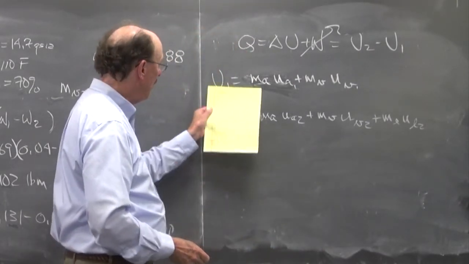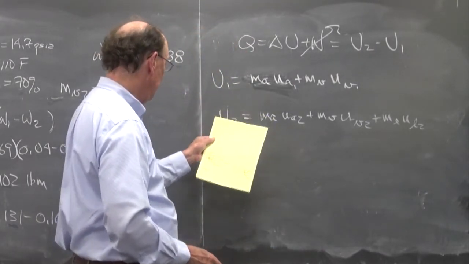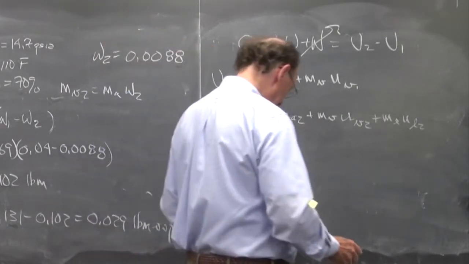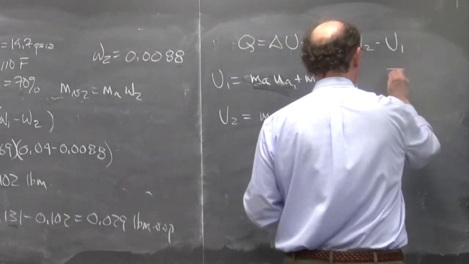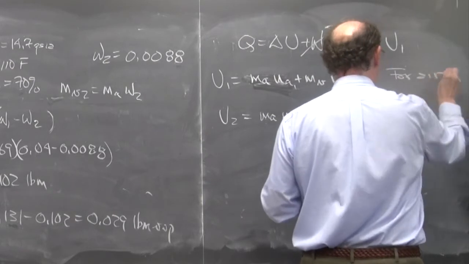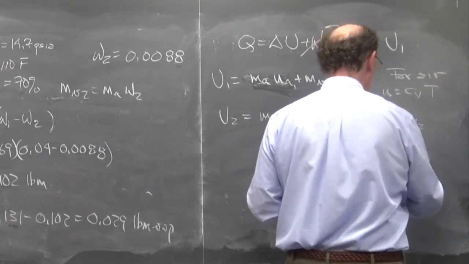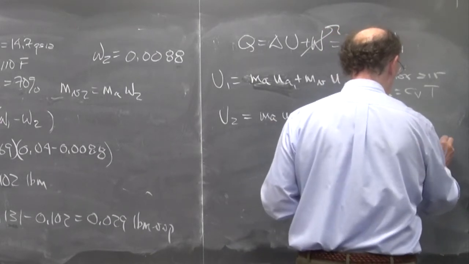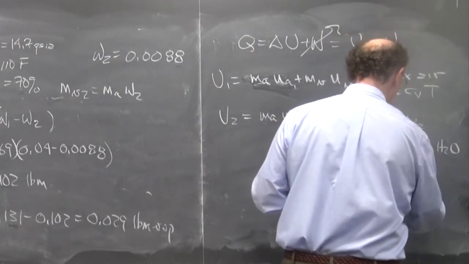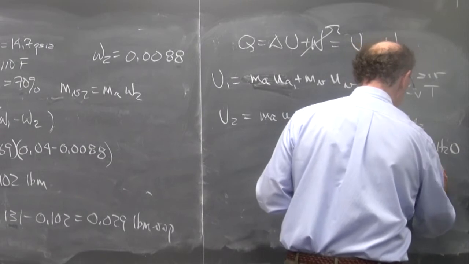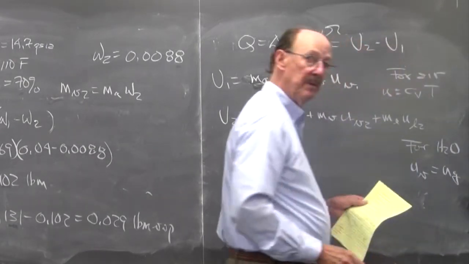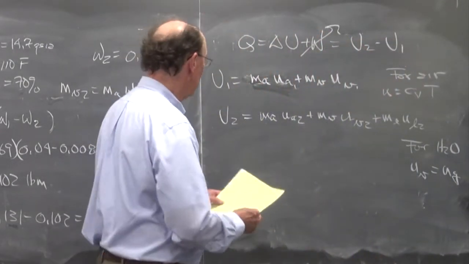Now we'll substitute in these values. For air, U is equal to C sub V T, and for H2O, U vapor is equal to U sub G, so I've got to look those up.